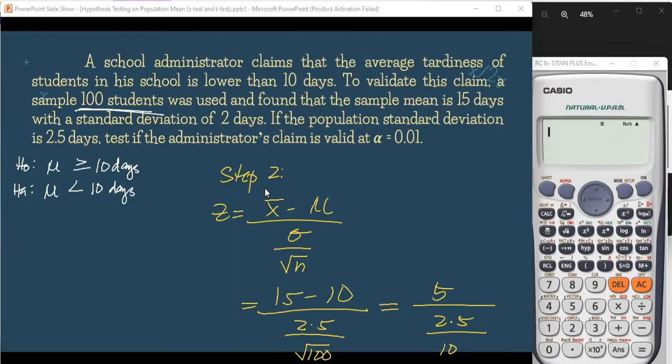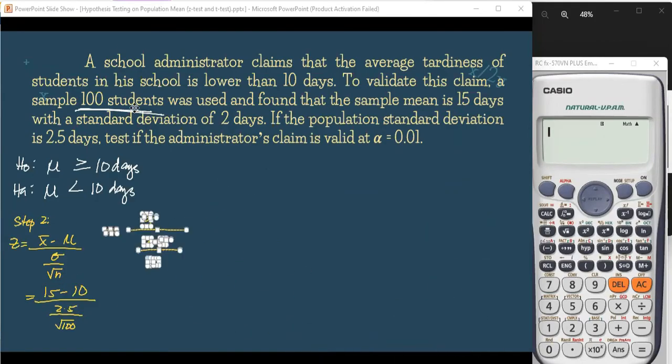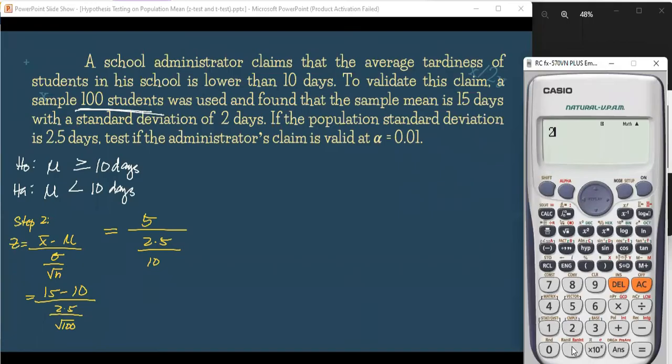So, before that, let us move again. That will give us 2.5 divided by 10. That will give us 0.25.